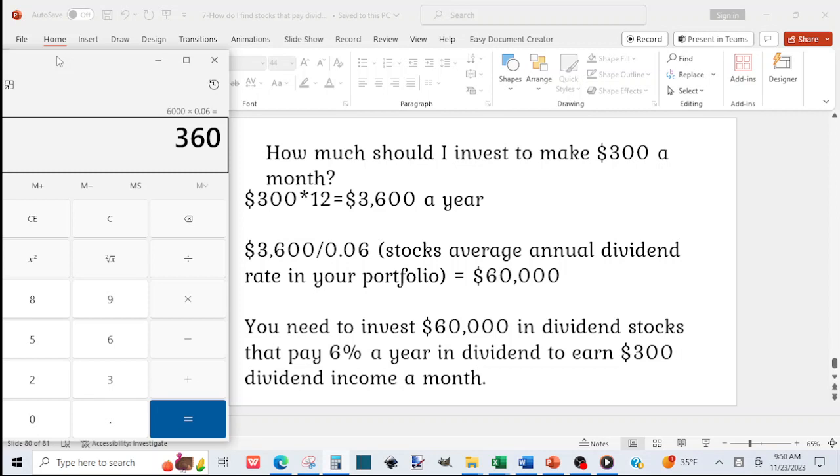It's better than putting that money in a savings account. So if you keep doing that same thing, say investing 500 a month for 10 years, you'll be easily making 360 a month after year 10, and you'll be making more than that.